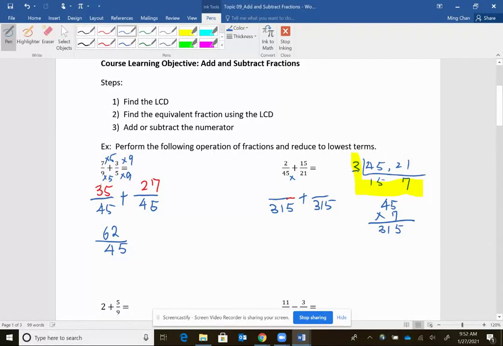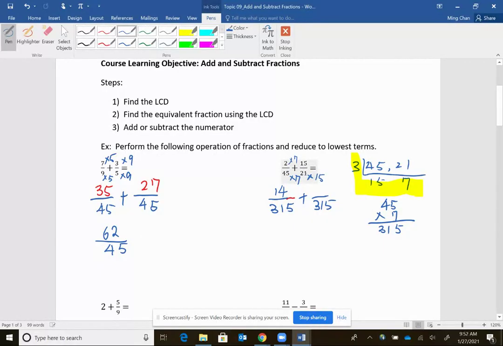The 45 can be 3 times 15, right? So that means the only number left is that 7. So I can times by 7. If you don't believe me, you can try it in long division. Do y'all see here the 3 times 7 is 21, which is the same as the second denominator? So the only number left over is 15.